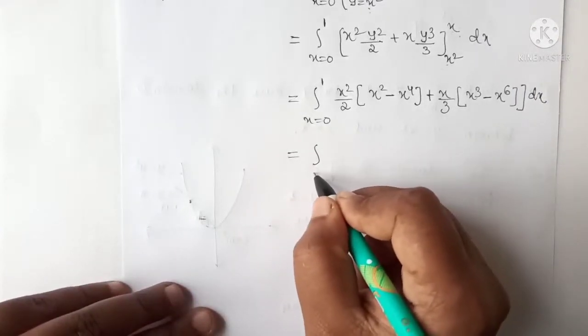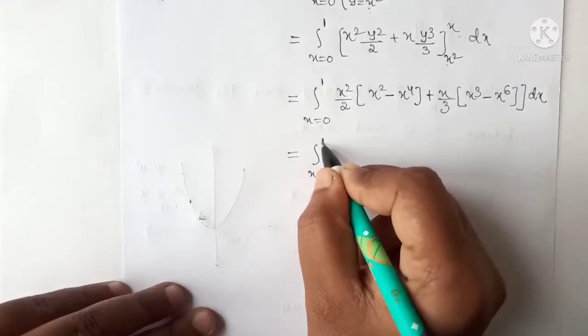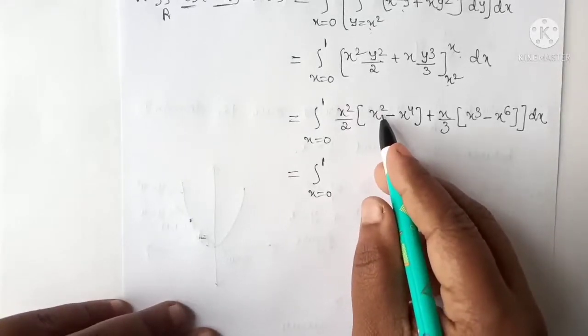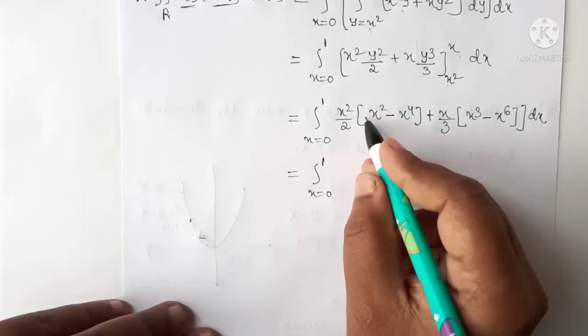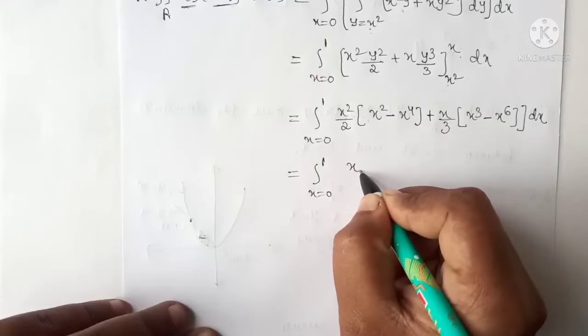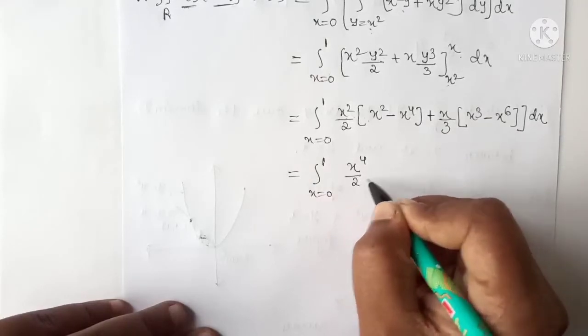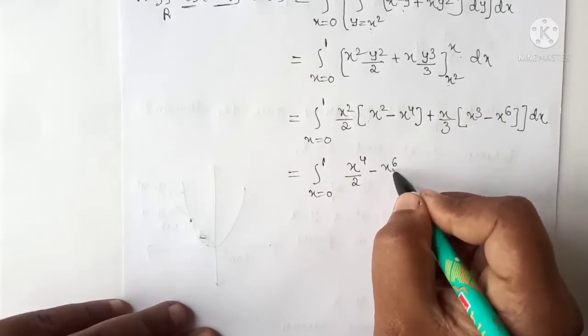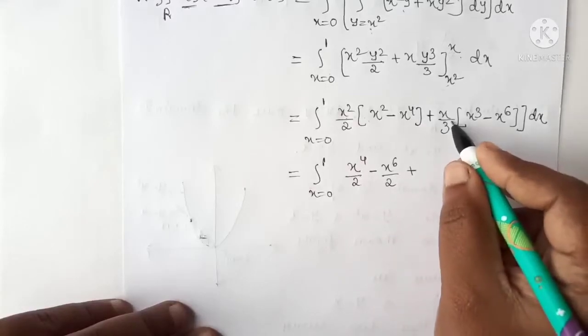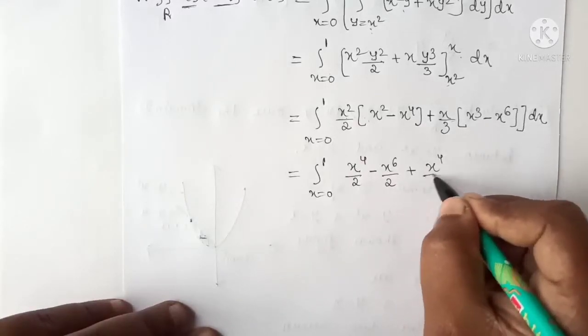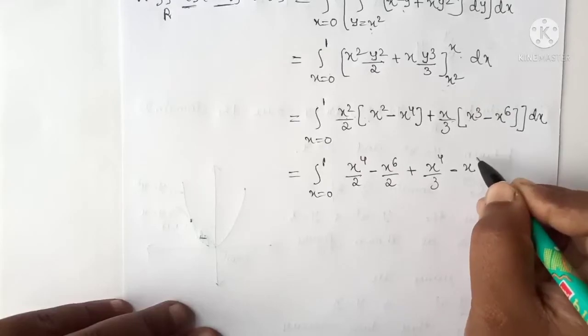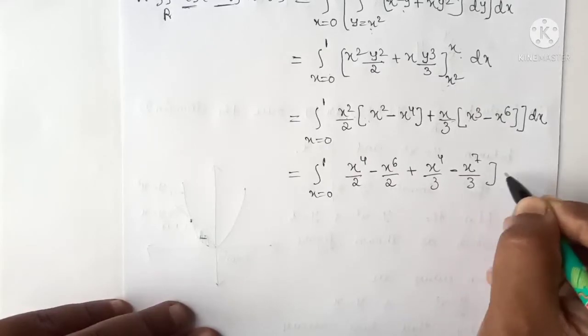So simplifying all this we get integration x equals 0 to 1, x square times x square gives x power 4 by 2 minus x power 6 by 2, plus x into x power 4 by 3 minus x power 7 by 3, into dx.